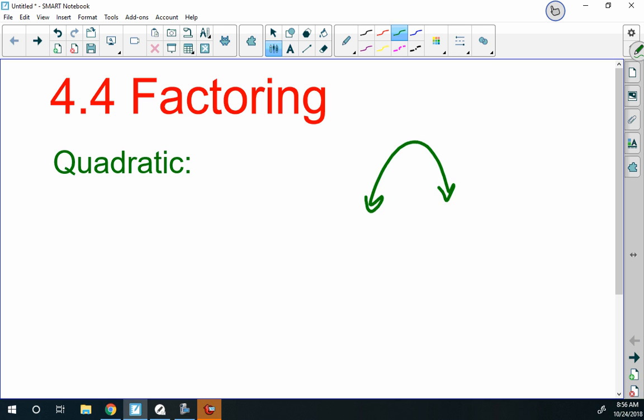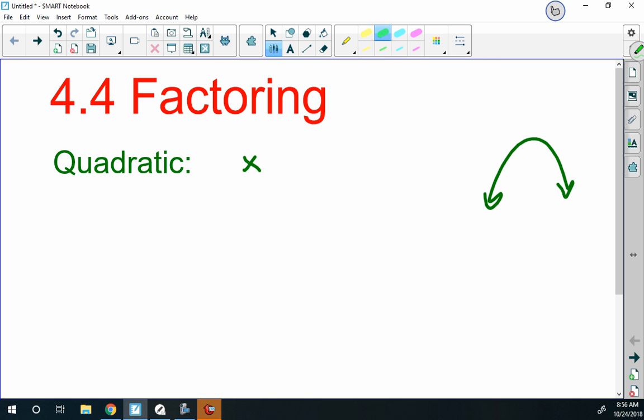Algebraically speaking, what we're going to see is some variable x, and what's most important is what its power, its exponent, is going to be. Anybody have any idea what that's going to be? 2. Okay. So when we mention quadratic, realize we're talking about something with a variable x in it and an exponent of 2, and no higher exponent than 2.